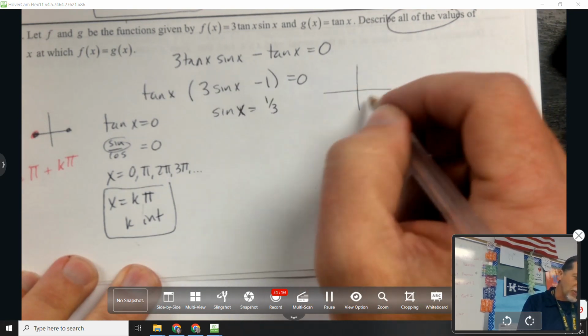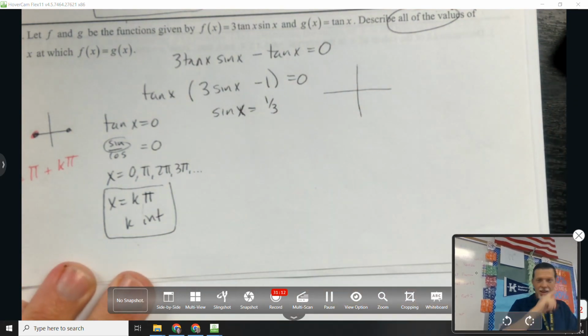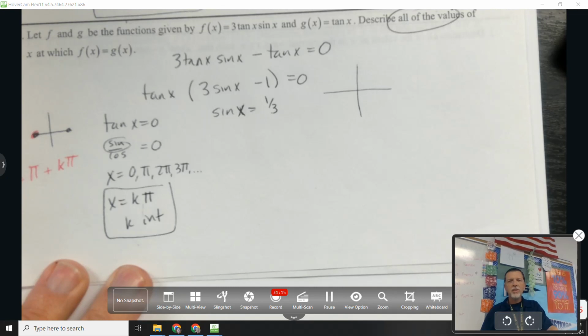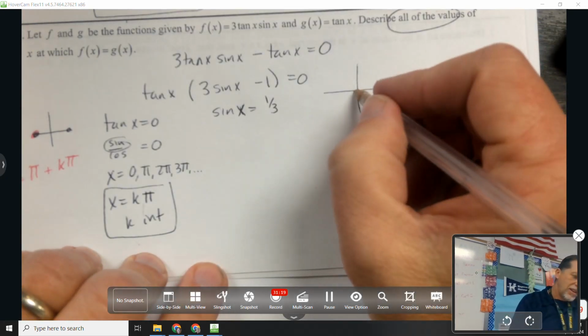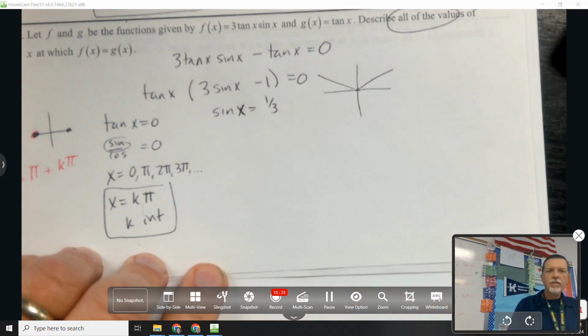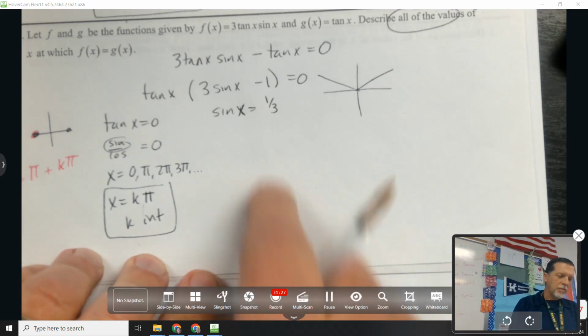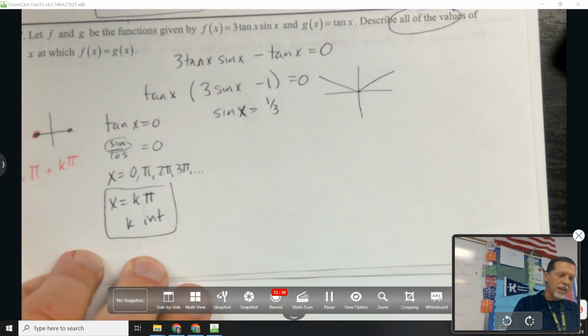All right, sine of x equals 1/3. Not a unit circle thing, so I really got to be careful here. Sine's positive in the up quadrants. So I know it's there and there, like on the picture, but I don't have a memorized angle that has a sine of 1/3.